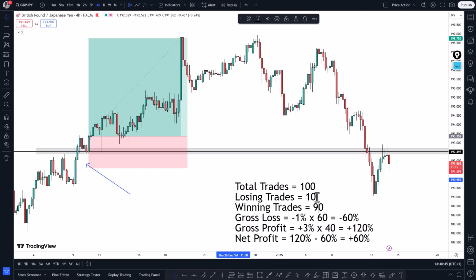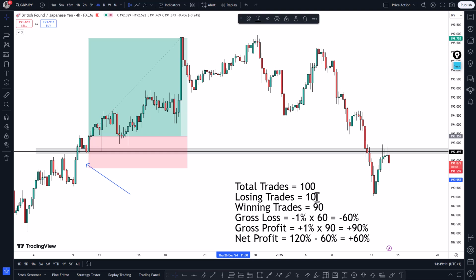Now in this case, if we work the numbers out, since we won 90 trades and each winning trade brought us a profit of only 1%, that's 90 times 1%, which will make your gross profit, not net profit, 90%.